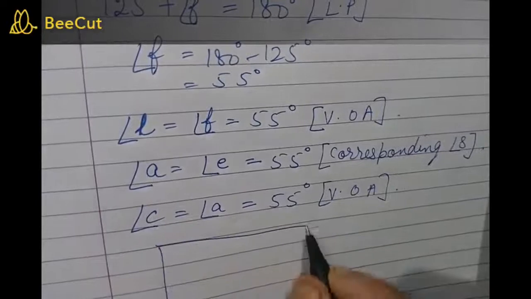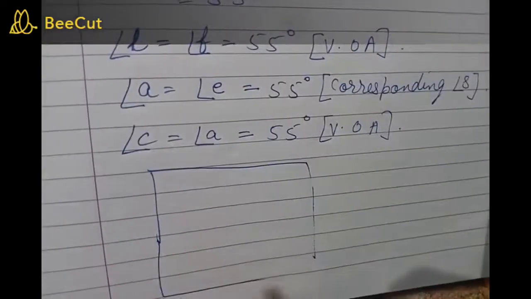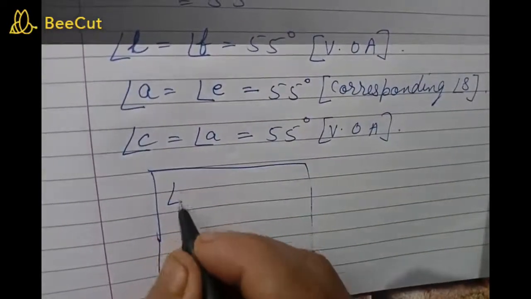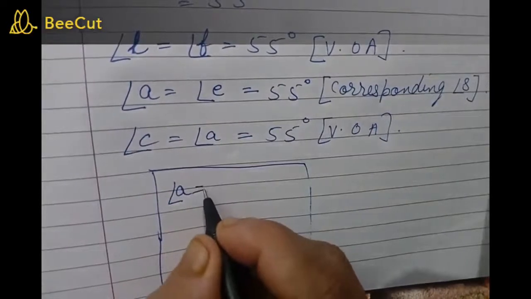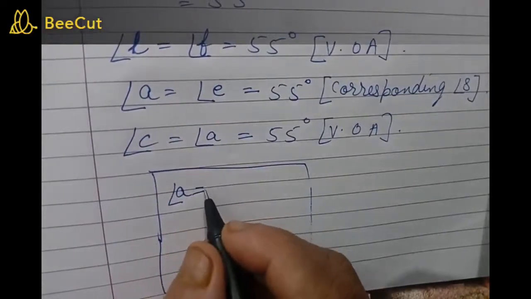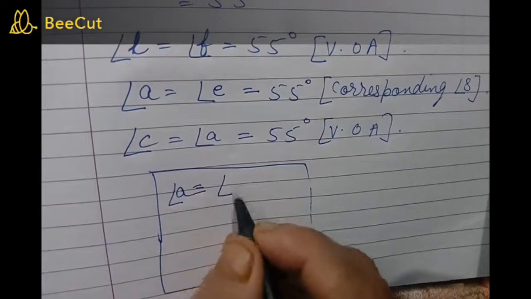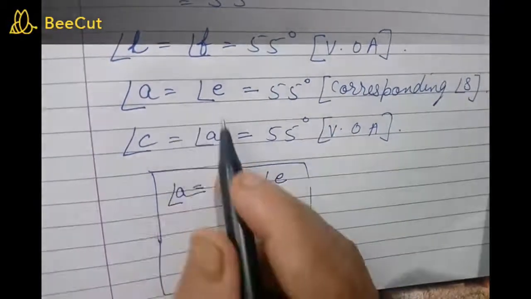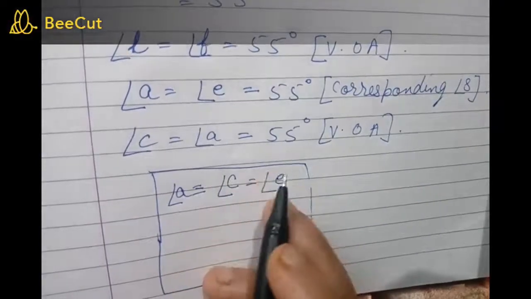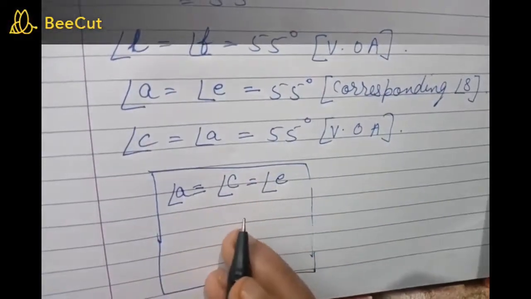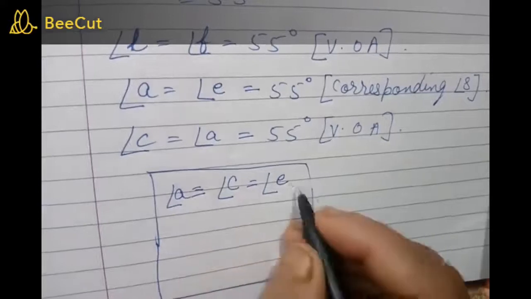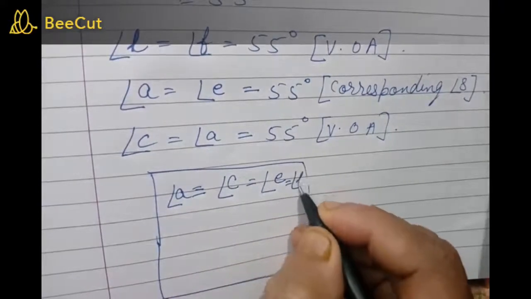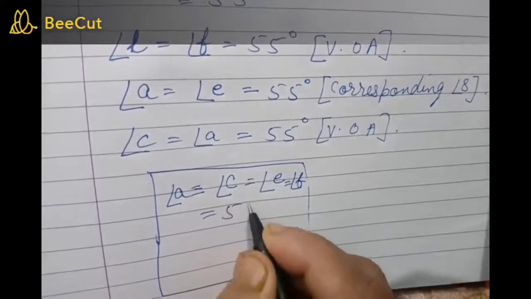At the bottom write all the unknown angles that you have found out. Angle A is equal to C is equal to E. These angles A, C and E, and F also, are equal to 55 degree.